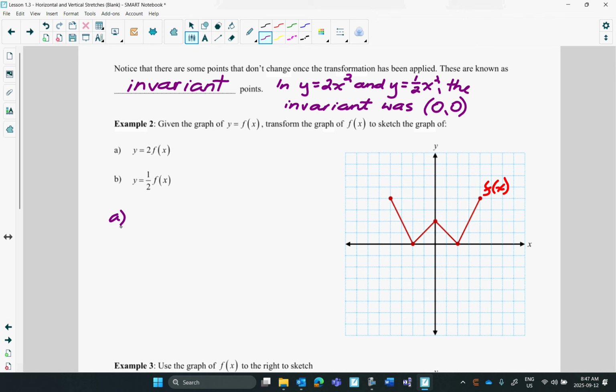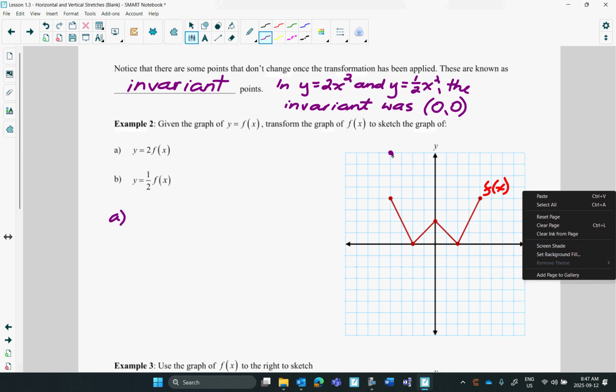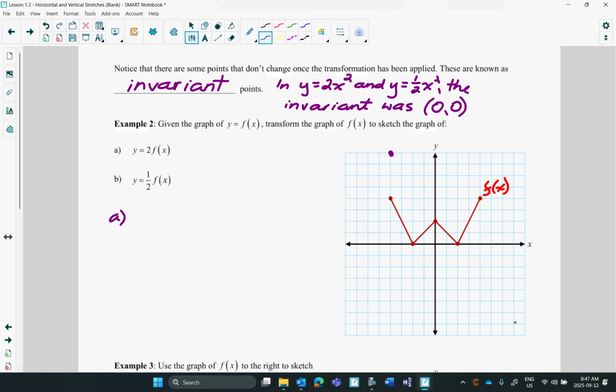This y value is 4. What's its new y value in 2f of x? 8. So it's going to be up here. This is on the x-axis. Remember, we're stretching above the x-axis. So any point on the x-axis in a vertical stretch doesn't move. In other words, it's an invariant point. This one moves, though. Where does it go?